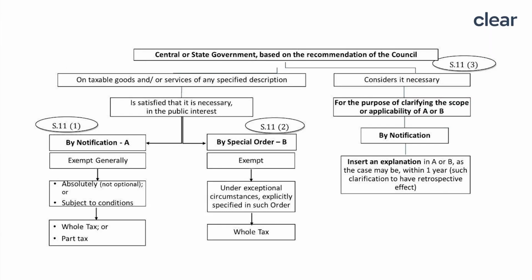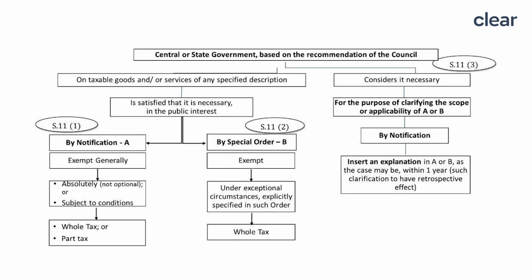Now, let's see how you will be granted an exemption. The central or state governments are empowered to grant exemptions from GST subject to conditions such as, first of all, GST Council must recommend an exemption and it should be in public interest. Thereafter, the government also has the authority to grant exemption through notifications.